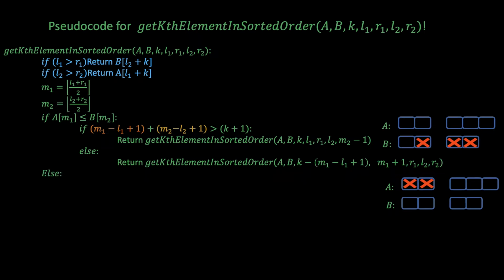On the other hand, if the value of B's pivot is smaller, then we will do a small trick where we will recursively calculate the kth element, but with A and B's order reversed in the arguments. This will ensure that in the next recursive call, their values are reversed and they would enter the first part of the if statement that we just discussed.